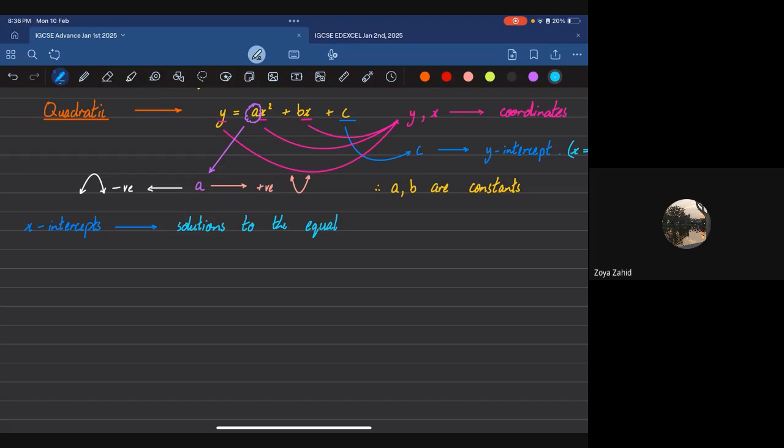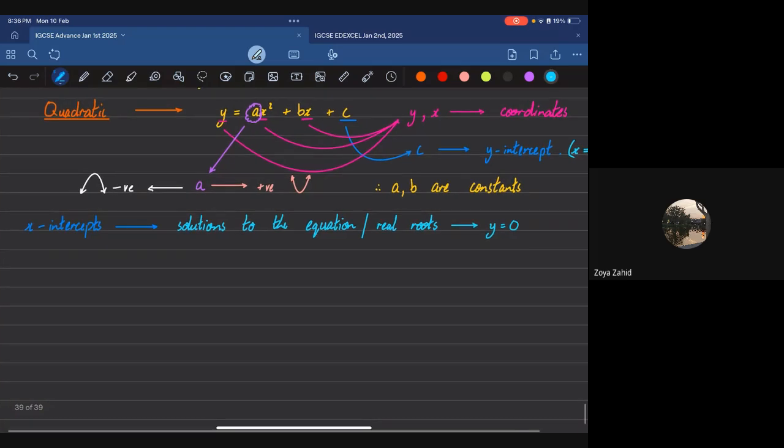I'm telling you the keywords that the examiner might use when asking for the x-intercepts of the graph. He could ask you for solutions to the equation. He could ask you for real roots. And he could simply ask you to solve this. What you're supposed to do over here is simply put y is equal to 0.